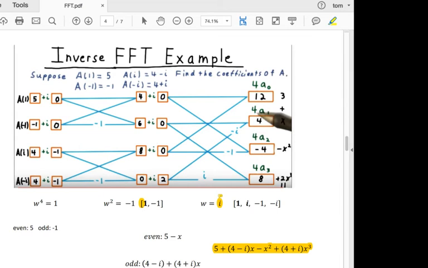Okay, I will go through the steps and then view the message. For this part, here is the difficult part. For this one, we need to use the even and odd.